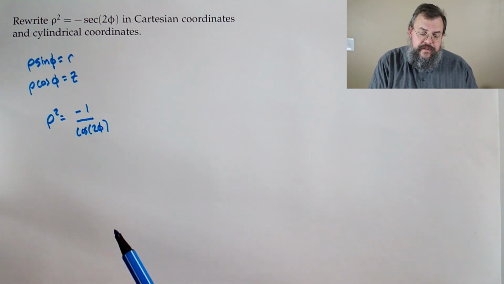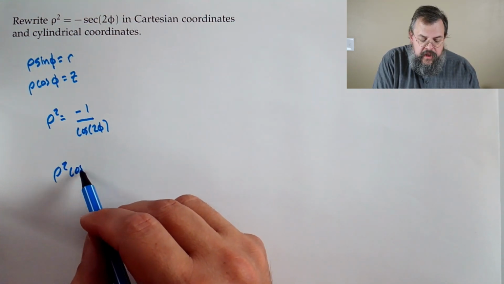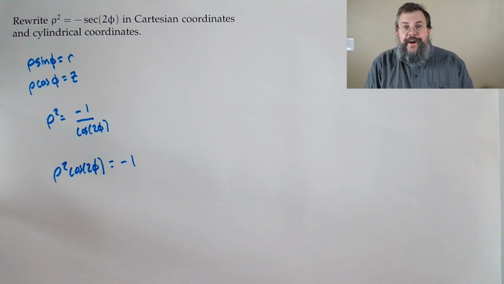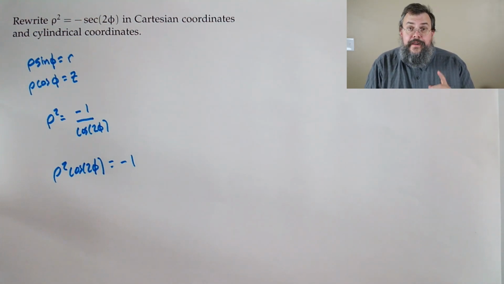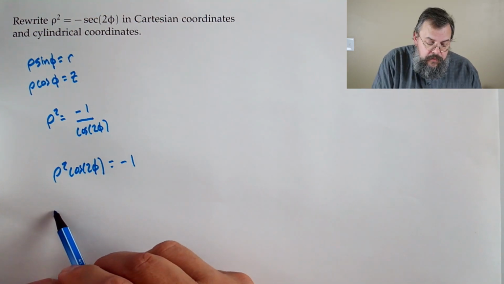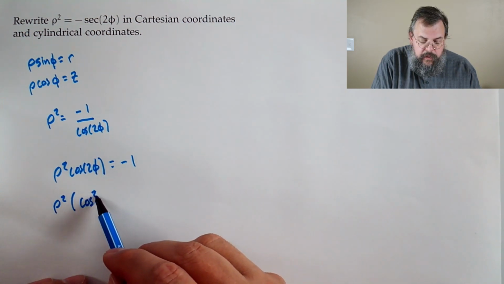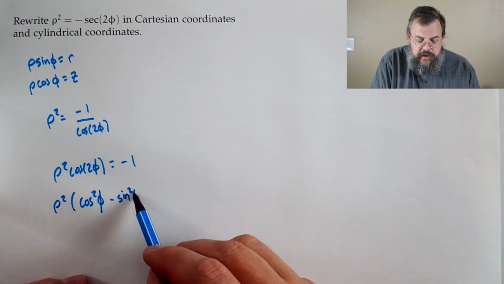Let's get rid of the fractions. Multiply across. So rho squared cosine 2 phi is -1. All right, progress. Now let's do the double angle identity for cosine. What is the double angle identity? Well, it turns out that cosine 2 phi is cosine squared minus sine squared.